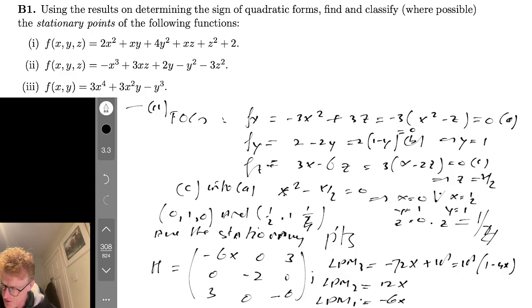So for 0, 1, 0, we get LPM 3 is 18, bigger than 0, LPM 2 is 0, LPM 1 is 0.